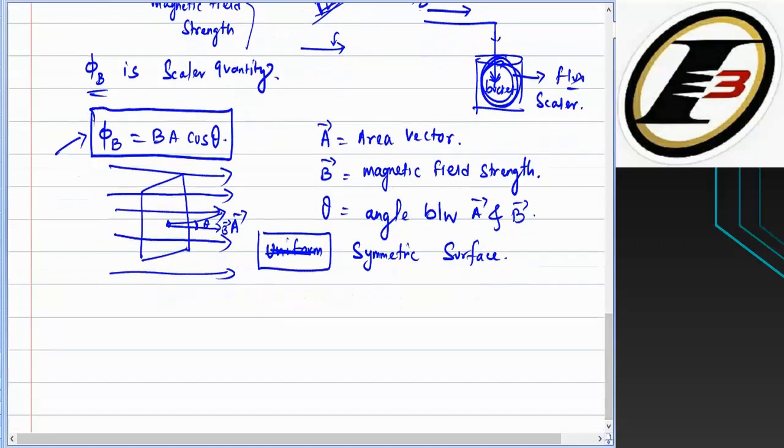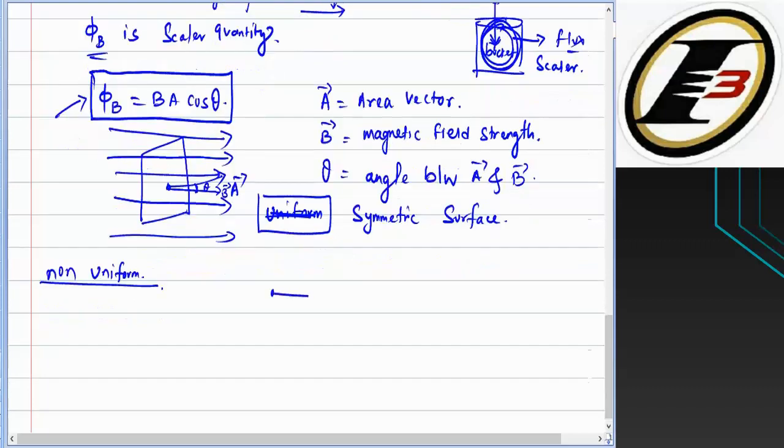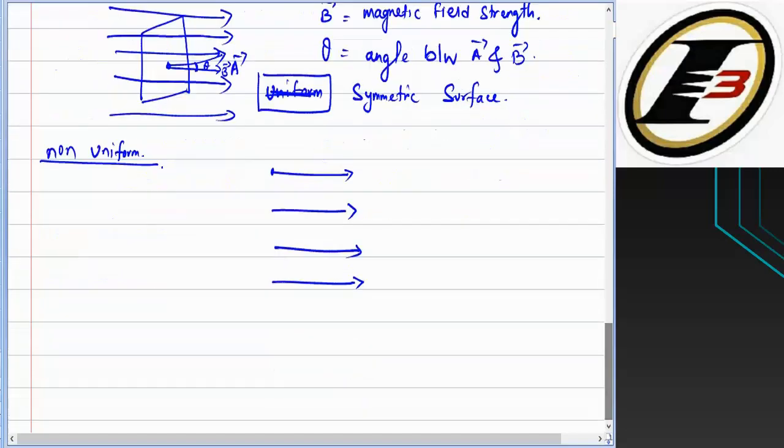But when the surface is non uniform, for non uniform surface, suppose these are the magnetic field lines. So if you consider a non uniform surface like this, how to calculate the magnetic flux?